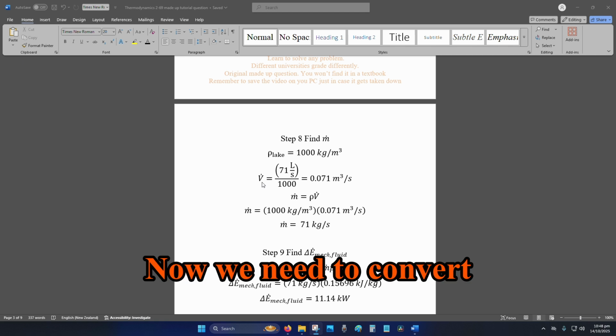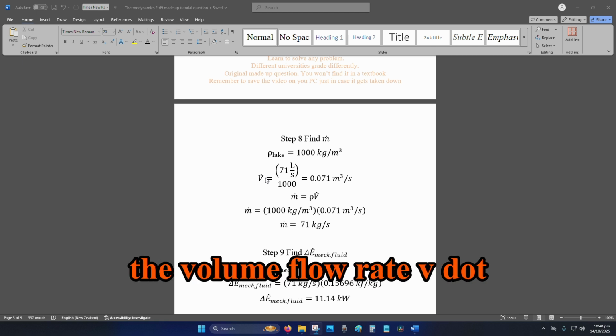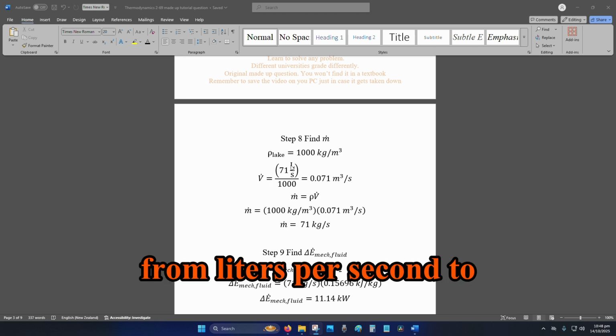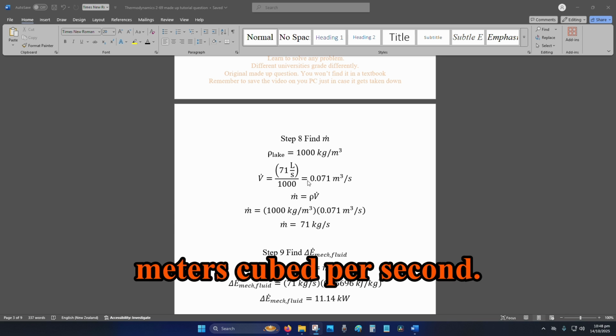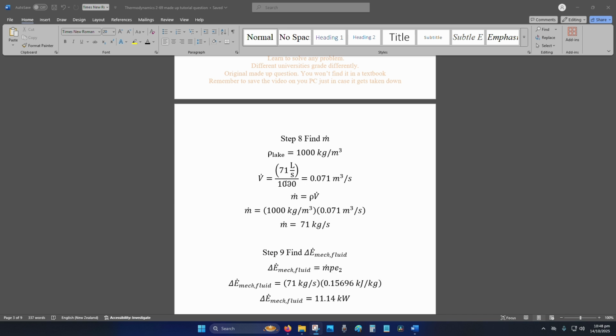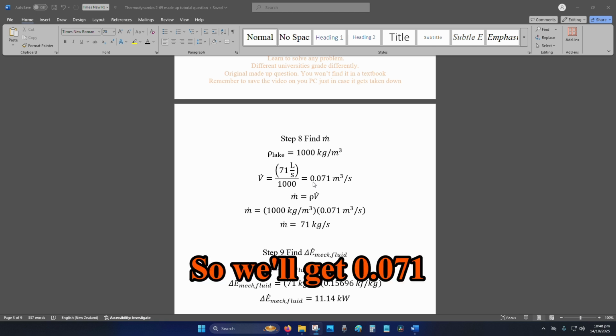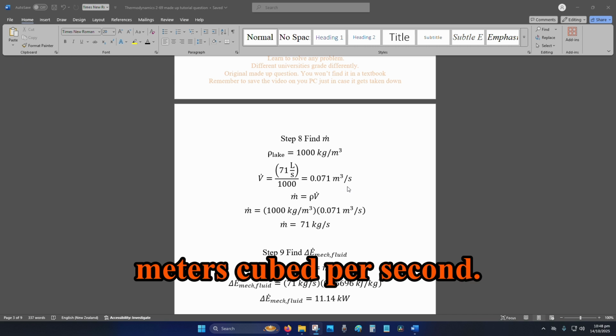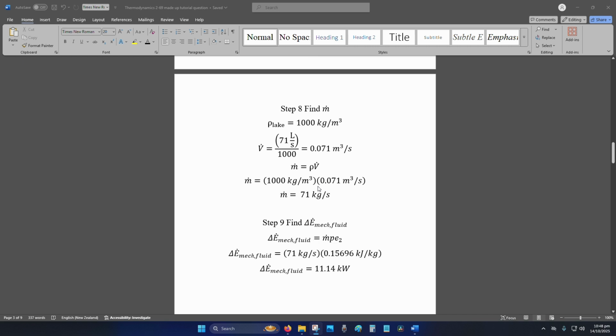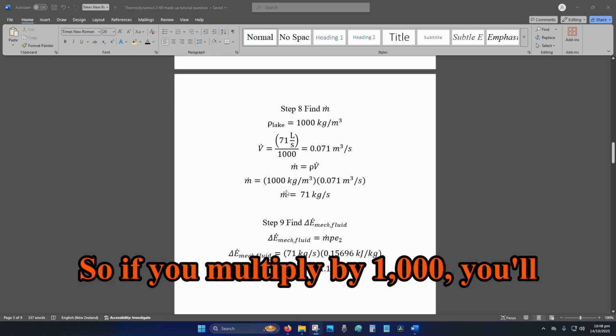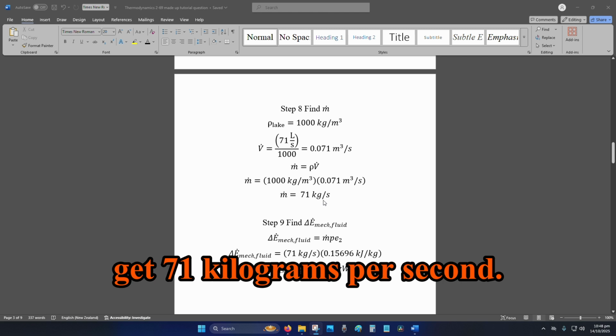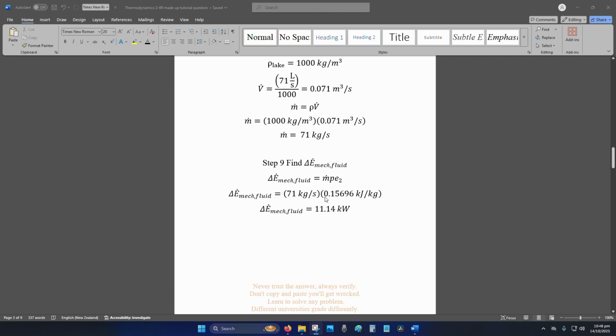Now we need to convert the volume flow rate V dot from liters per second to meters cubed per second, so we divide by 1000. So we'll get 0.071 meters cubed per second. If you multiply by 1000, you'll get 71 kilograms per second.